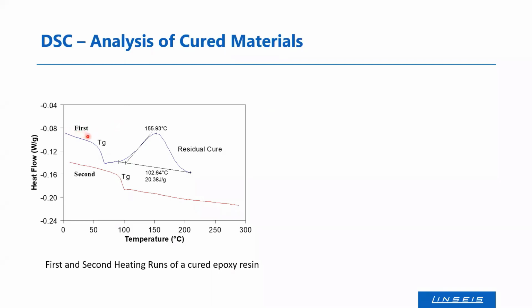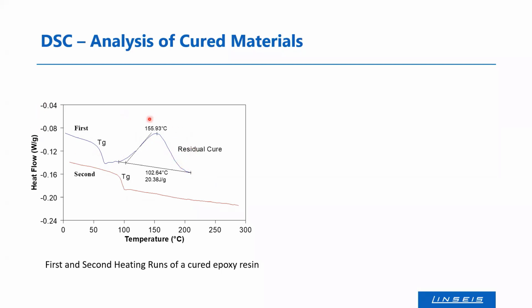The first heating run is the blue curve. It shows a glass transition, which is a step here. And then after the glass transition, you see an exothermic peak. And this represents a post-curing.